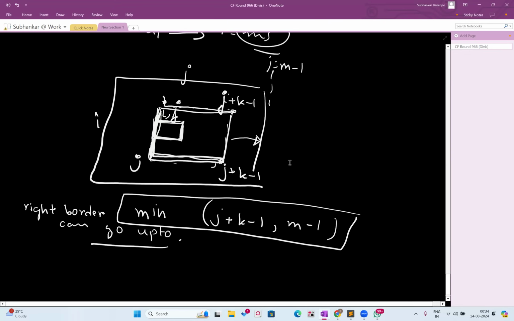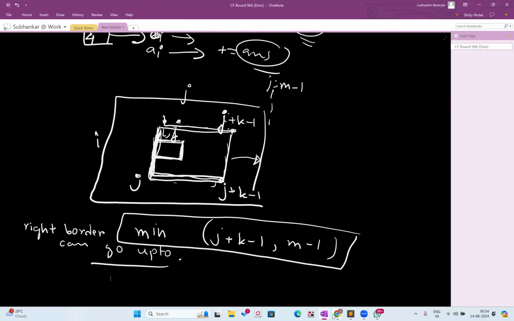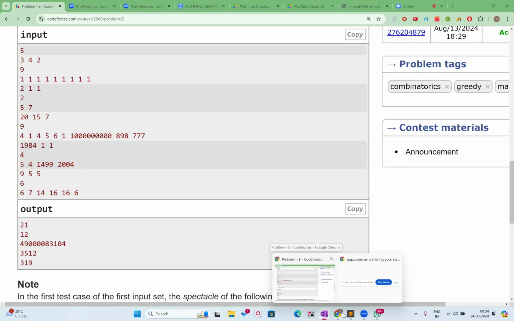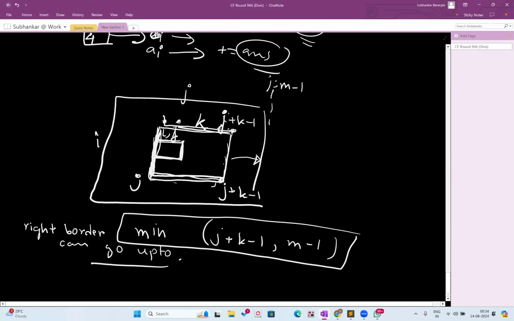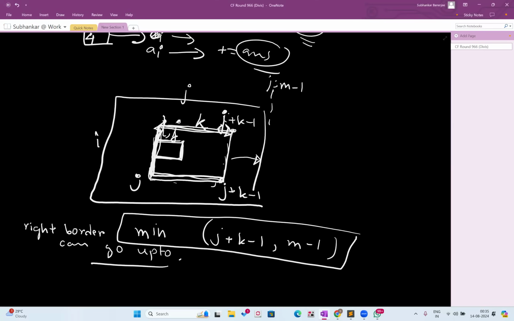What is k here? k is the subsquare length. So if I'm putting a subsquare of length k, this length is k. I'm finding out how many subsquares it is a part of. Okay, this i, j cell, how many subsquares can it be a part of?